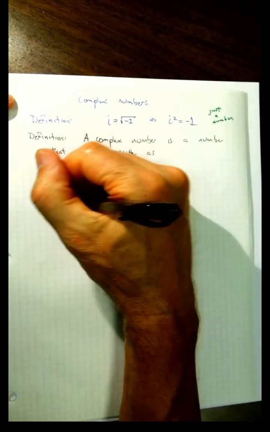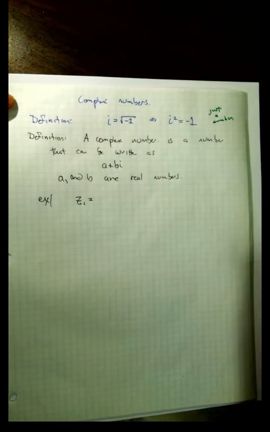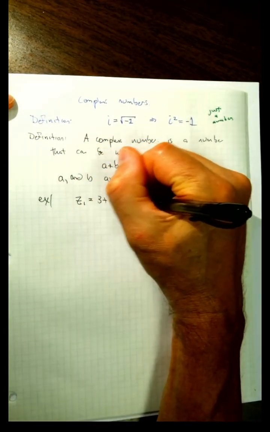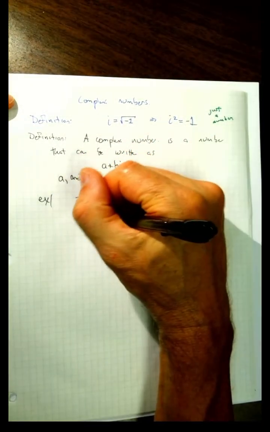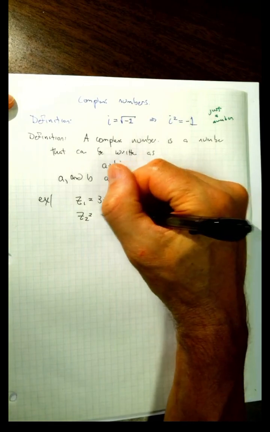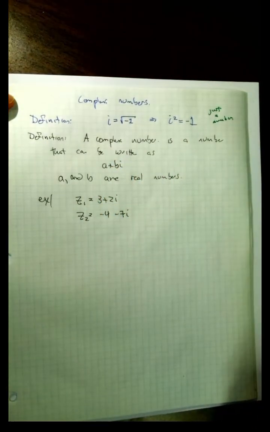Okay, so for example, we can call z1 3 plus 2i. That's a complex number, and it's a constant. I have z2 minus 4 minus 7i. That's a complex number.